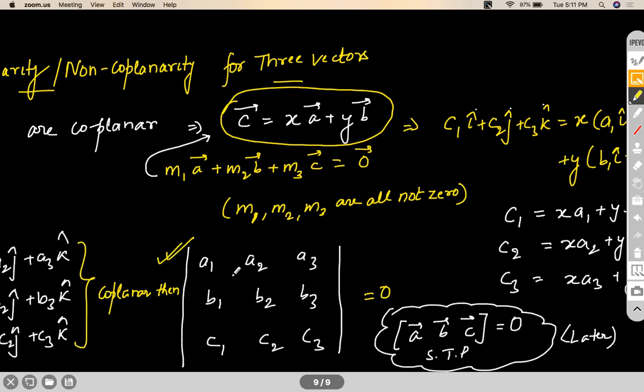Now this determinant is actually not the area, it is the volume of the parallelepiped, which will be made by A, B, C as the coterminous edges. Again, this is something which we'll learn later on. Don't worry about it right now. Just understand that this condition has led to this determinant being 0. That's it. How? I have already explained you.